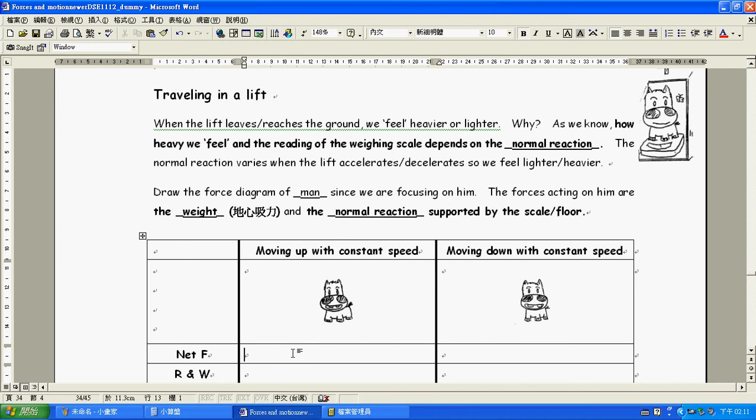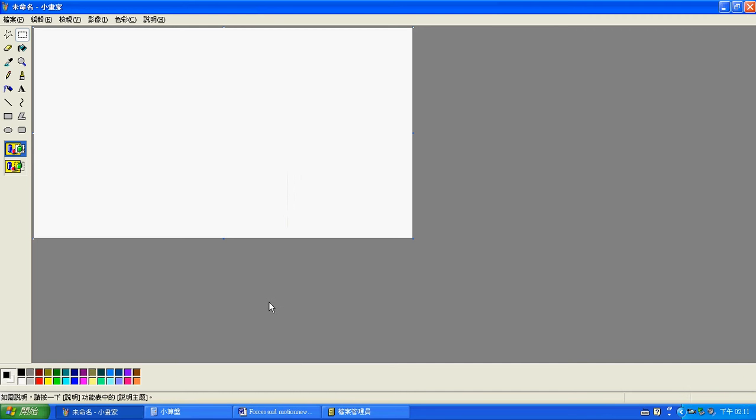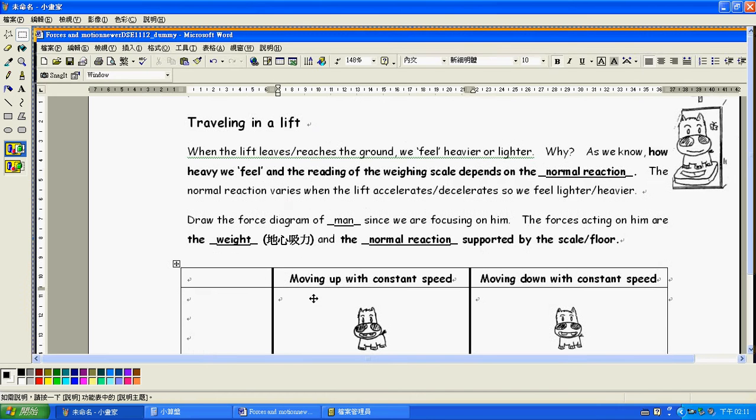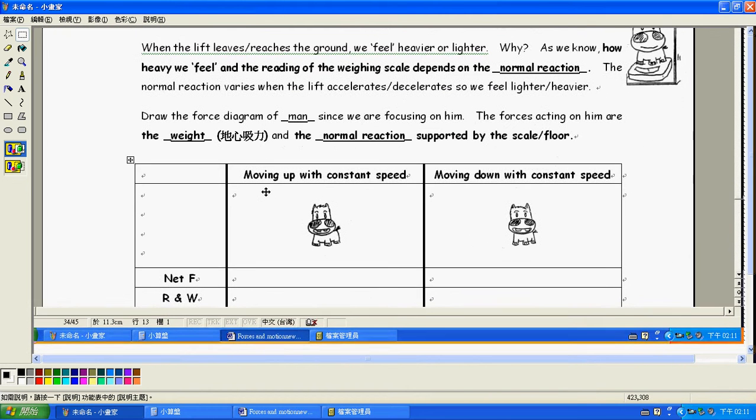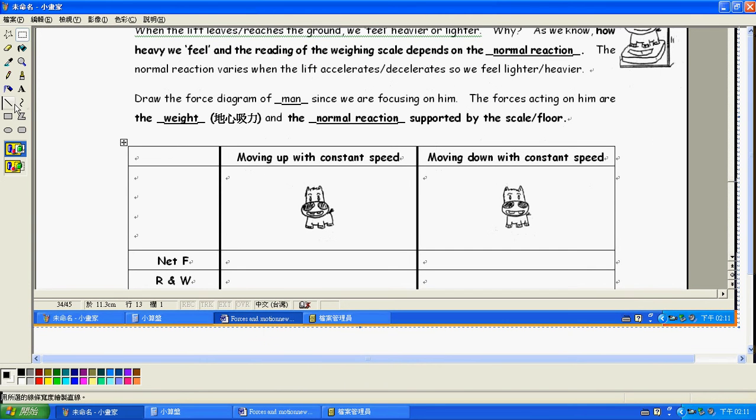Okay, let's see. So maybe I draw the free body diagram first. Let me capture the screen and paste it here. So for this horse, the upward force on it is the normal reaction, okay, and the downward force on it is the weight.